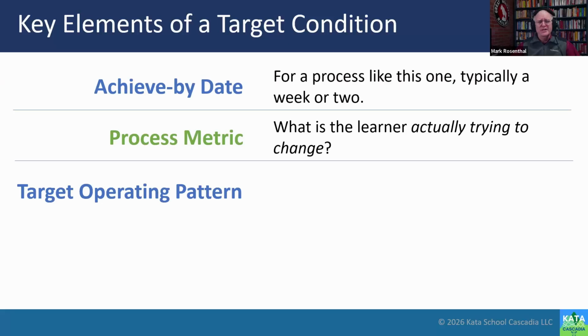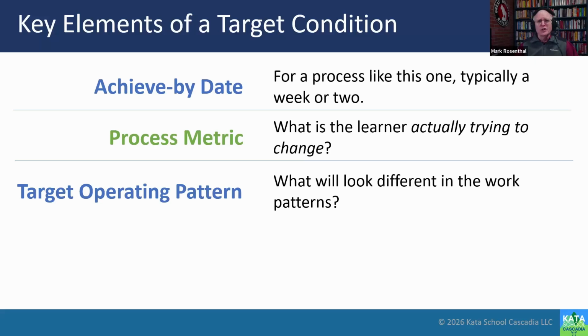And then we have a target operating pattern. So what would look different in the work patterns? A lot of times that's reflected in a block diagram where we are introducing different steps or resequencing steps. In this case, that didn't come up because there's no real changes required.